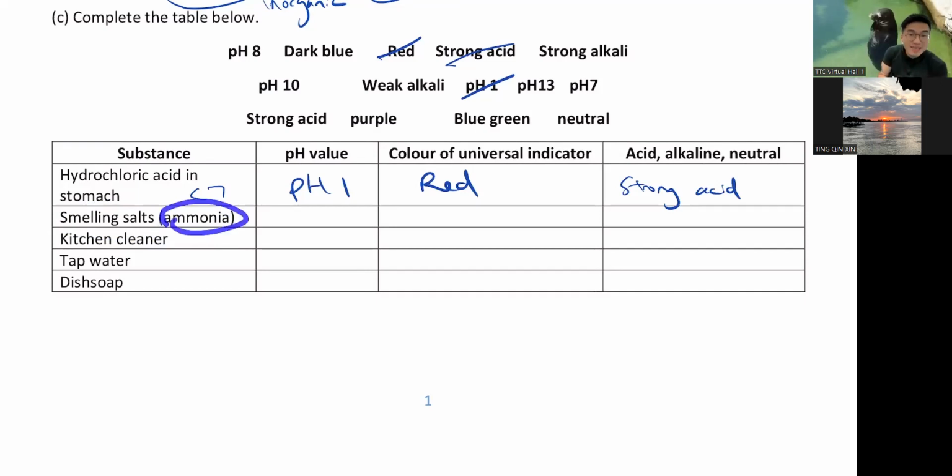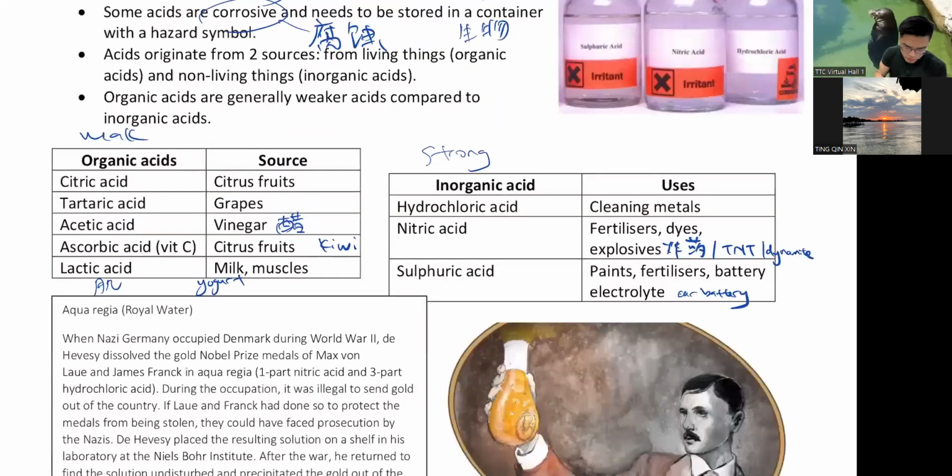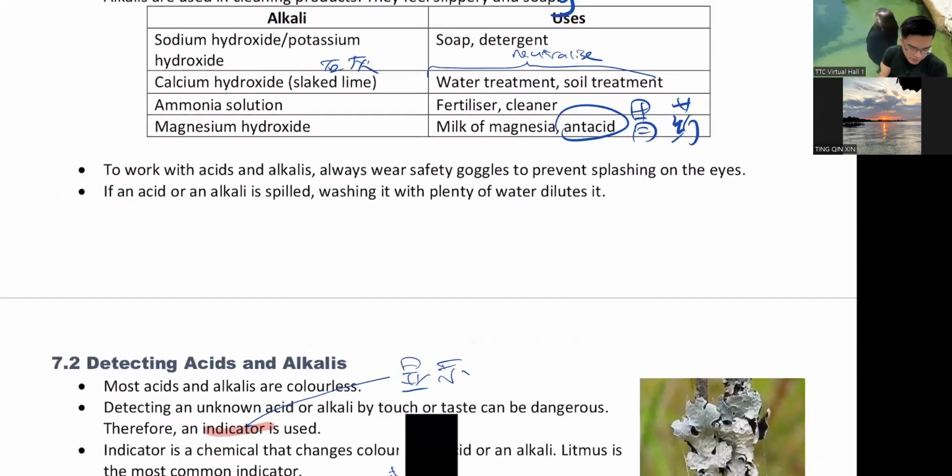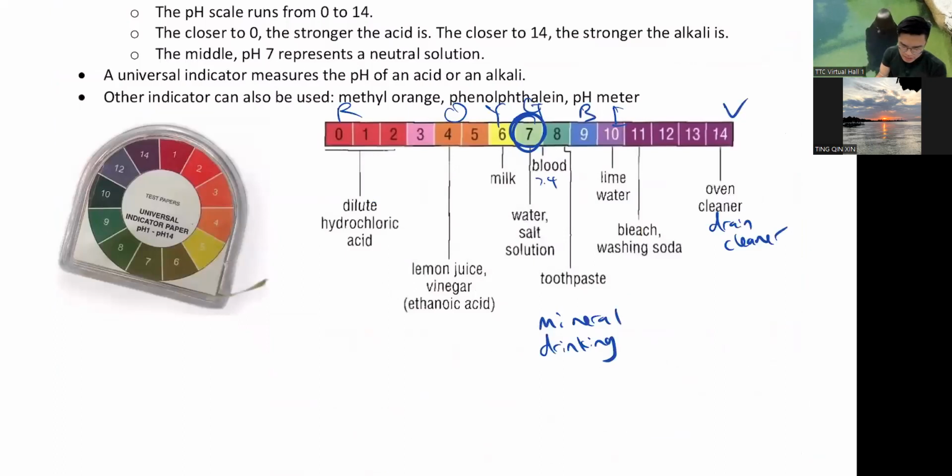So this thing is actually a weak alkaline. 它是一个弱碱性来的。I don't know whether it's shown here. But then ammonia, okay, it's a fertilizer or cleaner. This thing is a weak alkaline.